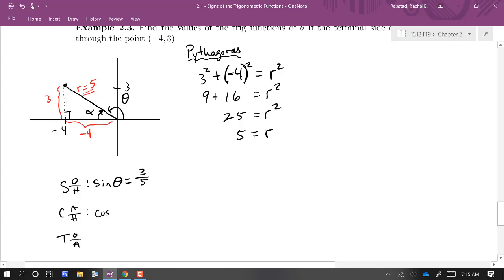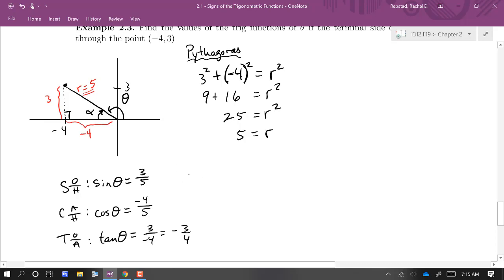Cosine theta, adjacent over hypotenuse, is negative 4 over 5. And tan theta, opposite over adjacent, is 3 over negative 4, or negative 3/4.